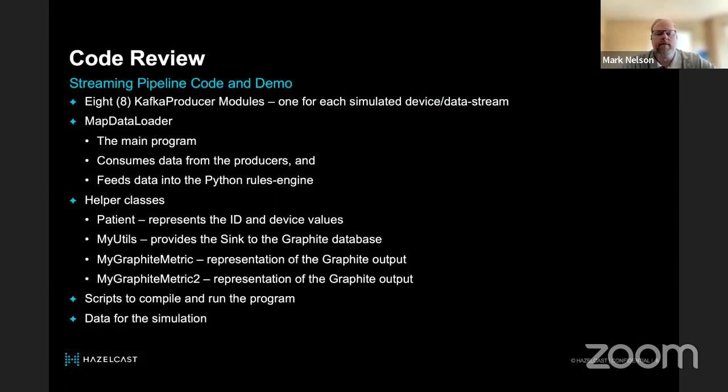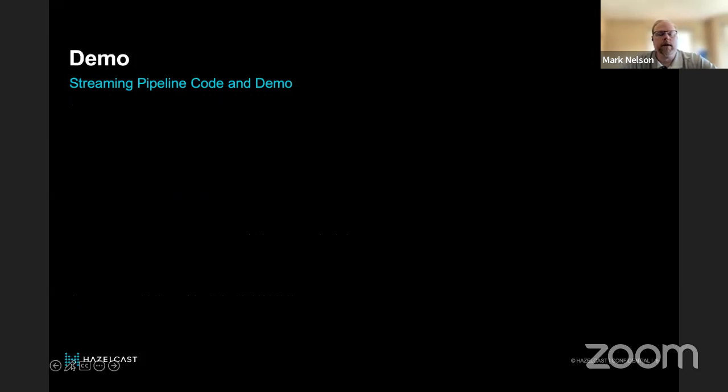We needed to have 2 of those: one to handle the data that is in integer format, but the temperature, of course, is a float, so we needed a separate class for that. Then there are the scripts to compile and run the programs and the data for the simulation. Pretty simple and straightforward there.